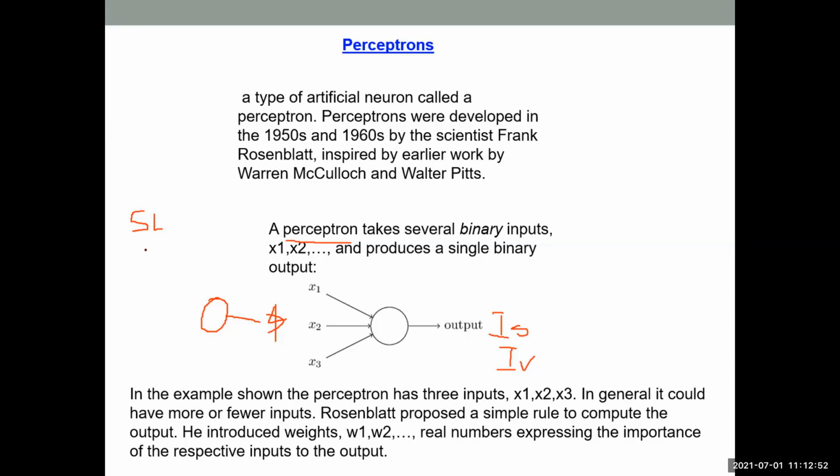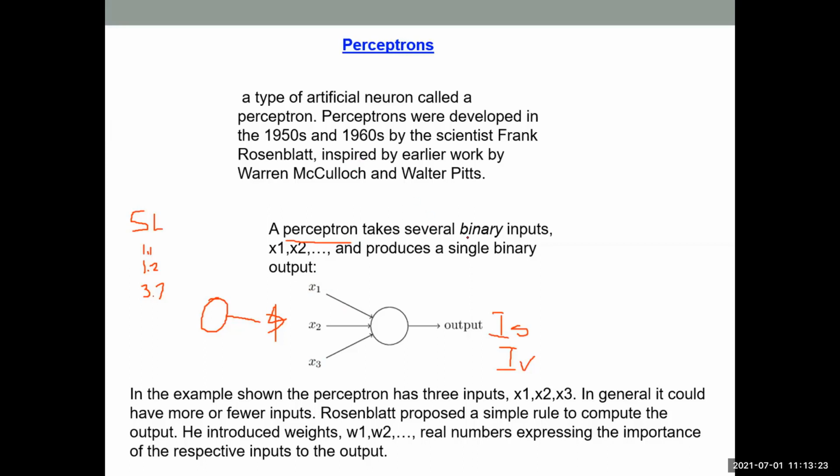Sepal length can be 1.1, 1.2, 3.7, right? That's lots of different possible inputs. But they were working on a simpler project then. They were just saying, okay, suppose we can only put zeros and ones in here, not all kinds of numbers. They were just beginning, so they started out with a simple case where you can only put zeros and ones.